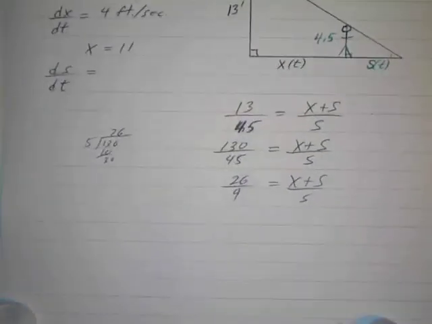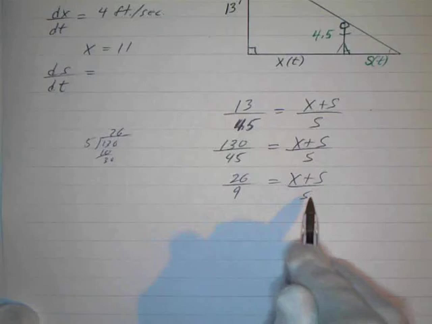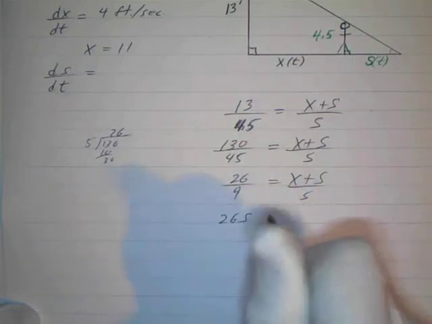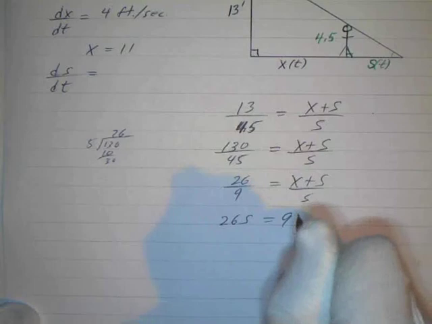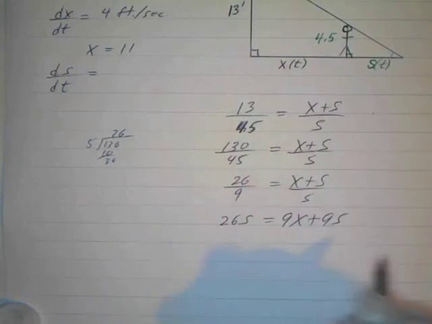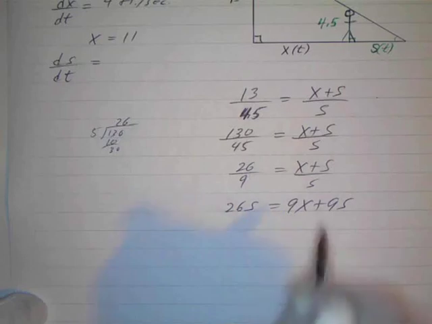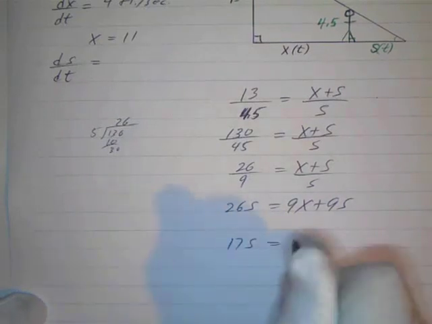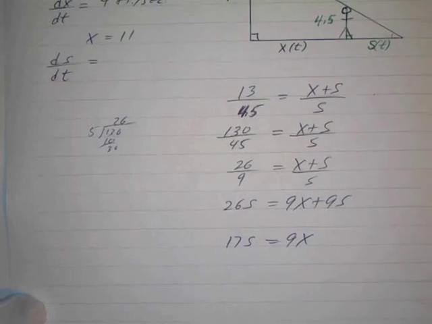Okay, so we simplify that a little bit. Then we can just cross multiply. So we've got 26s equals 9x plus 9s, and then if I subtract 9s from both sides, 26 minus 9 is 17, so I have 17s equals 9x.